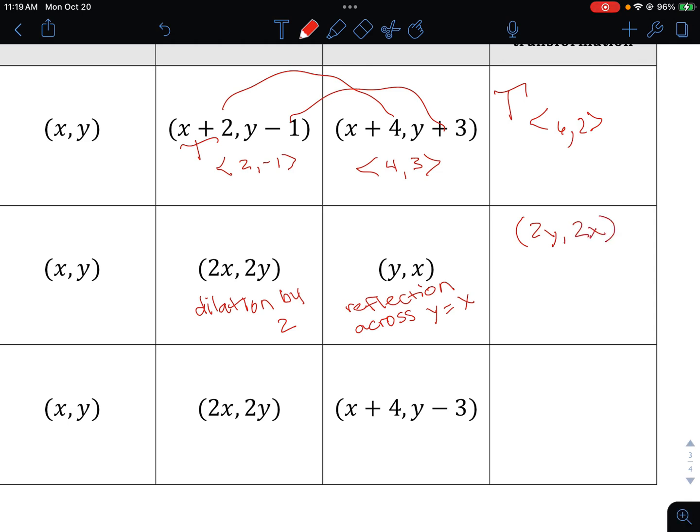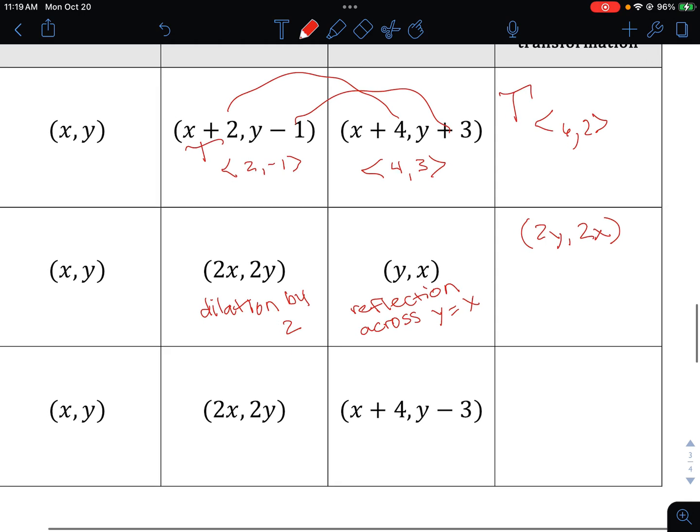That's your coordinate rule. If you're going to write this out in a series of transformations, it's hard to say because they're not both the same thing, so you can't combine them. What I'm going to do is say the first thing we did was the dilation by 2. And then there's this little open circle, and here's where you put reflection across y equals x. So let's talk about that open circle. The open circle is something you're going to see next year.